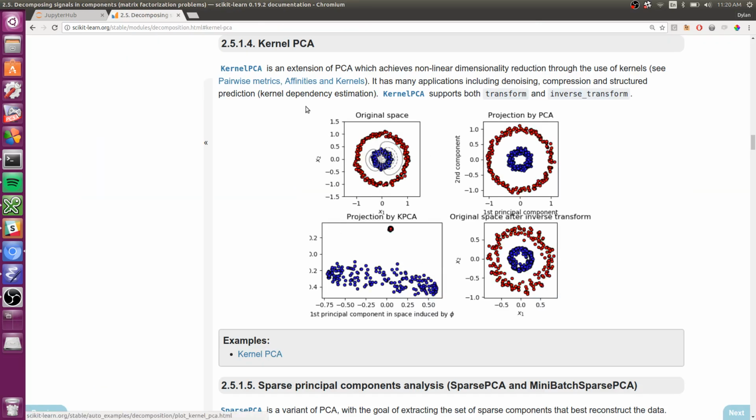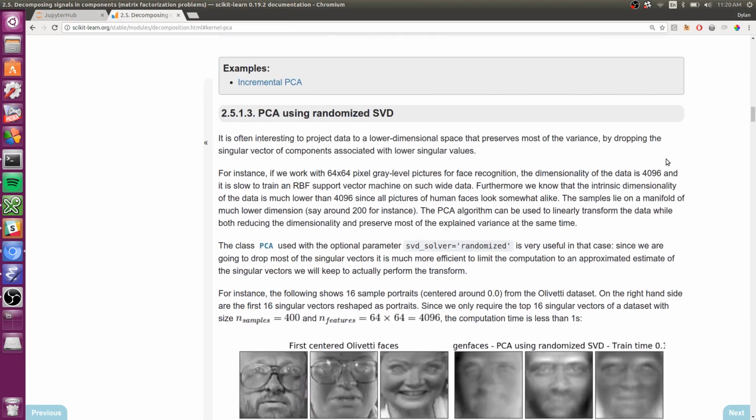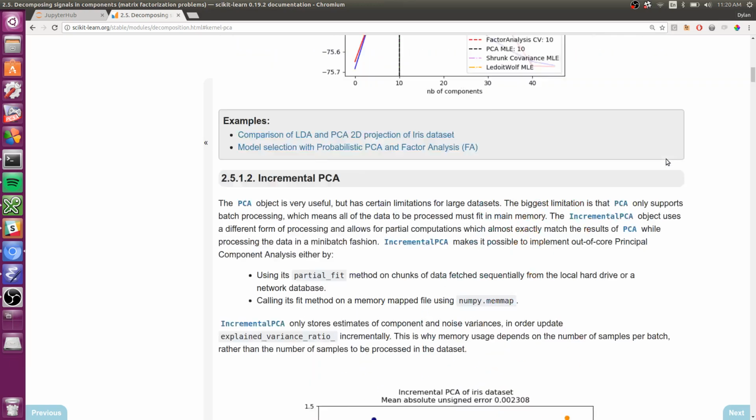Sometimes this involves diagrams and plots. So the documentation is very thorough, and I definitely suggest that you have a look around. It's very nicely organized.